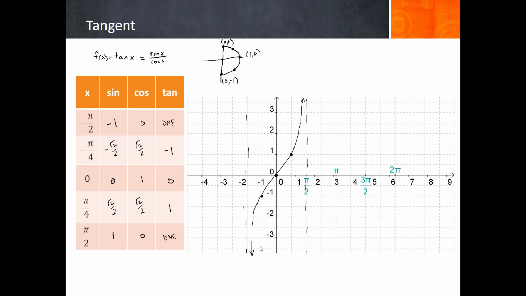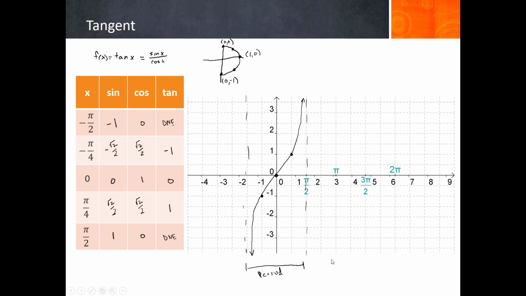Okay? And so that's what the graph of tangent is going to look like. Now that's just one part of it. If you remember, again, with the circle we can go around and around forever in either direction. The tangent graph will always look the same. So this here is one period.